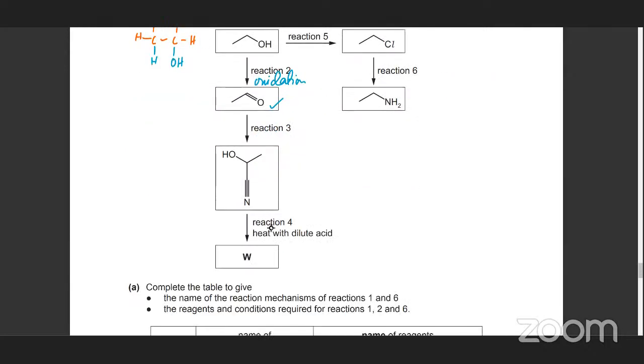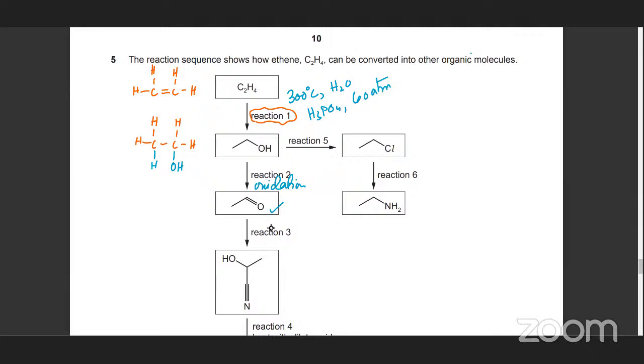So for the second, the conditions would be K2Cr2O7, acidified, and distillation, not reflux. You would have to immediately distill it, not reflux it.